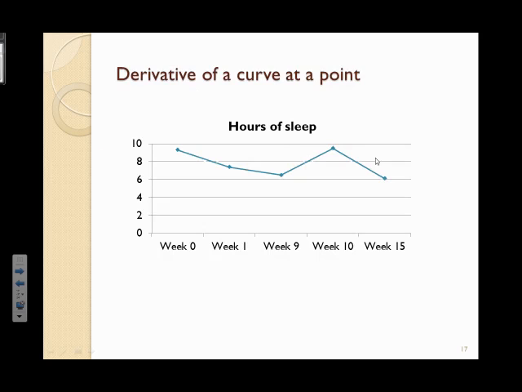Now, back to this curve about the hours of sleep again. I said curve, that's a little bit strange because it looks more like jagged lines. Well, if it's not a straight line everywhere, we can, in math, describe it as a curve. And realistically, when we look at this, we realize that from the first week to week 9, it's not that he had a steady decrease from the first week to the 9th week, and it's the same all the time.